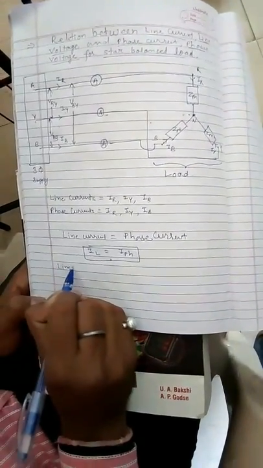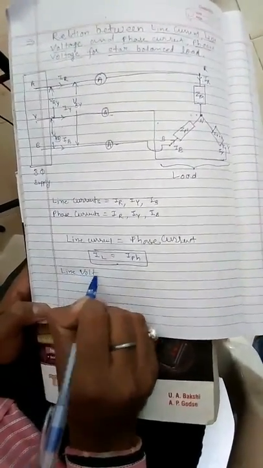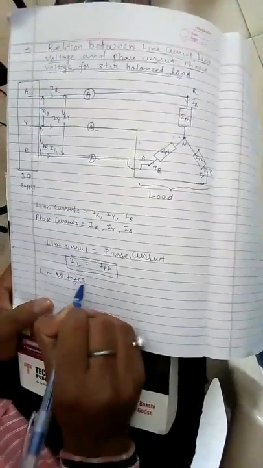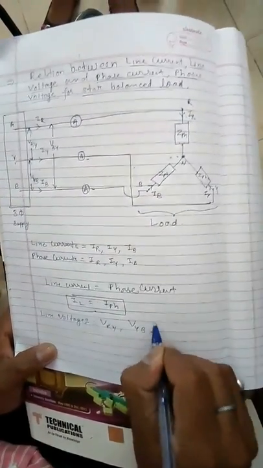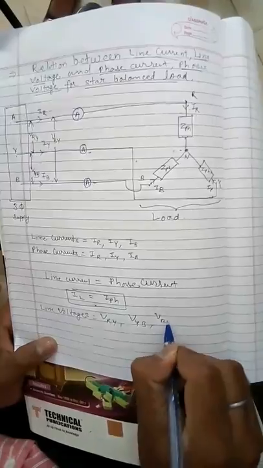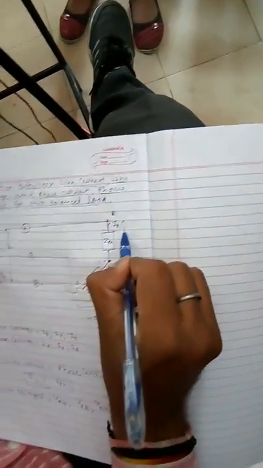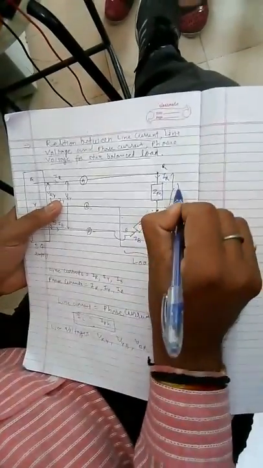What is known as line voltage? Line voltages, which are VRY, VYB and VBR.